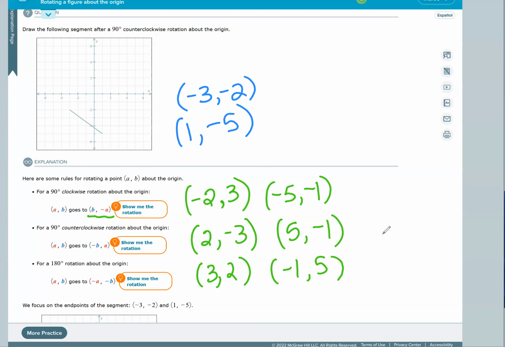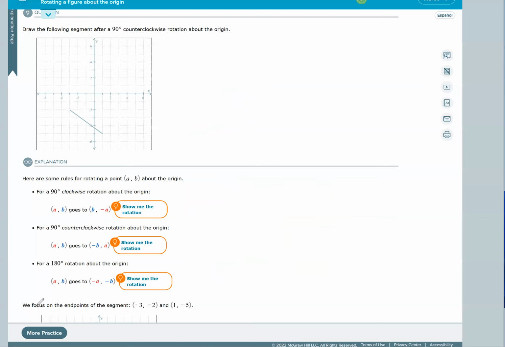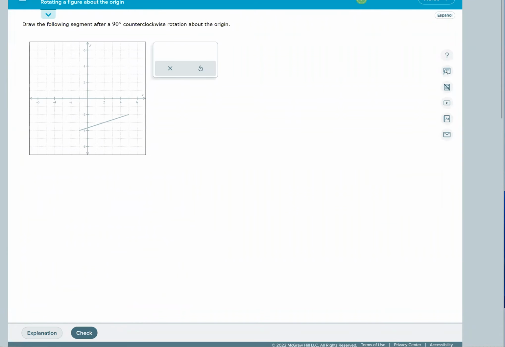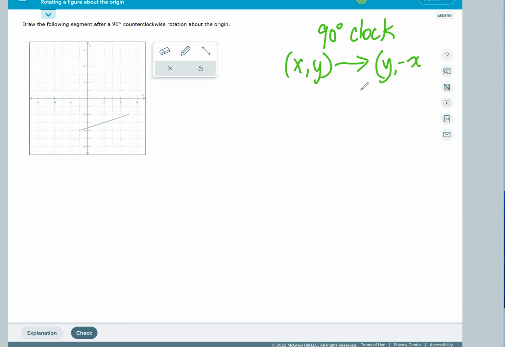So okay, we're going to do some practice. All right, we want a 90 degrees counterclockwise. So I'm going to go ahead and write down our rules. For 90 degrees clockwise, I'm just going to put "clock" instead of writing out the whole word clockwise. When we have (x, y), we're going to change our point to (y, -x).